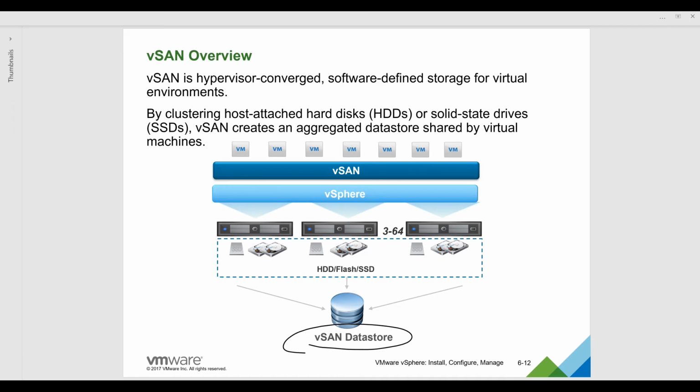Now, the data store then uses the storage components of each host within that cluster. So this vSAN data store, because it's shared, is going to use the SSD drives out of this host, host 2, and host 3, and combine them all into a single shared data store in the cluster.